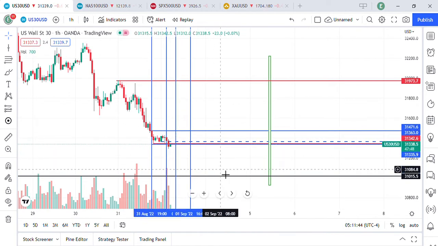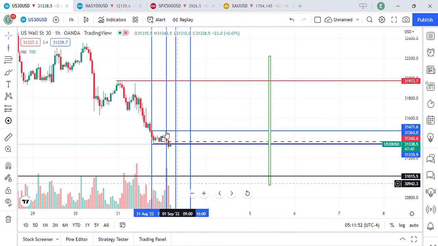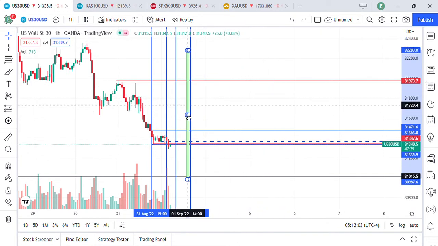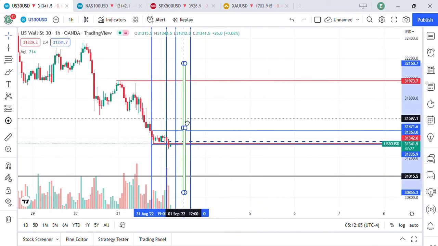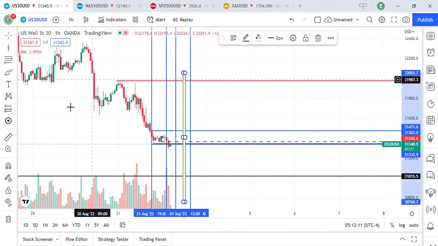I think it's better for me to trade the New York open, and because I trade New York, what I do is put my lines here. Before we go to the 15-minute time frame, let me mark the New York lunch. New York lunch is at 12 noon till 1 o'clock.